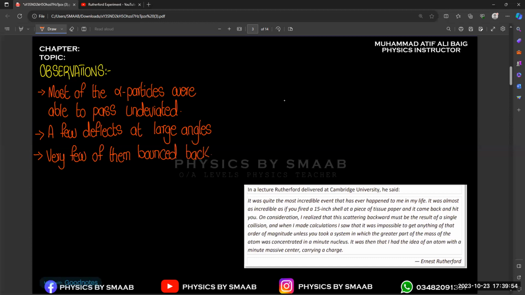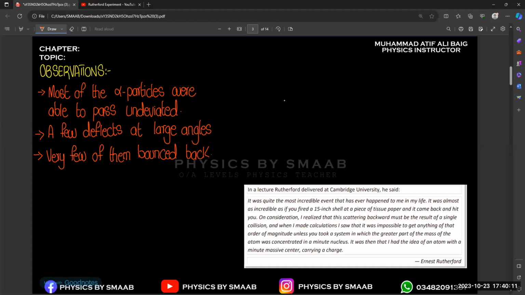So these are the three main observations that we note down from the experiment, and that is also shown in the videos, because those animated videos are made from all these observations, right?